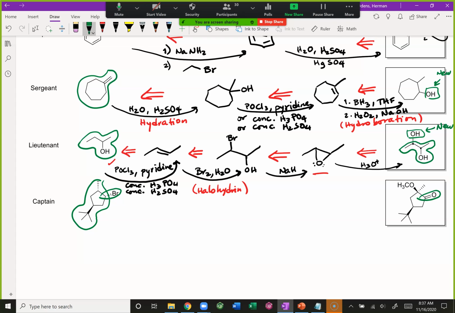So in your head, you have to say, oh, that bromine, I had to turn it into an alcohol somehow. And then I have to oxidize the alcohol to make the ketone. You see that? All right. This is the key. This is the start.